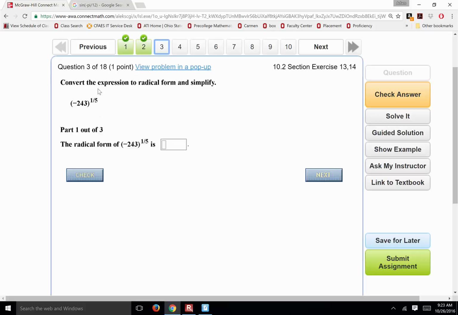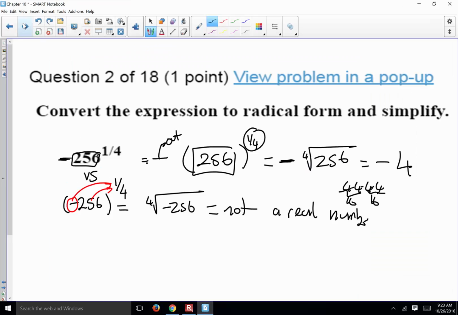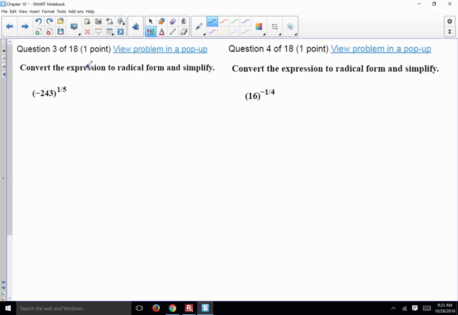Now, look at the difference. Do you see the difference now? Almost the same. 256 changed to 243, but where is the minus? Look at the minus. Minus is packed under 1/5. I was going to skip this question, I think, but no, I didn't. Let's do it.